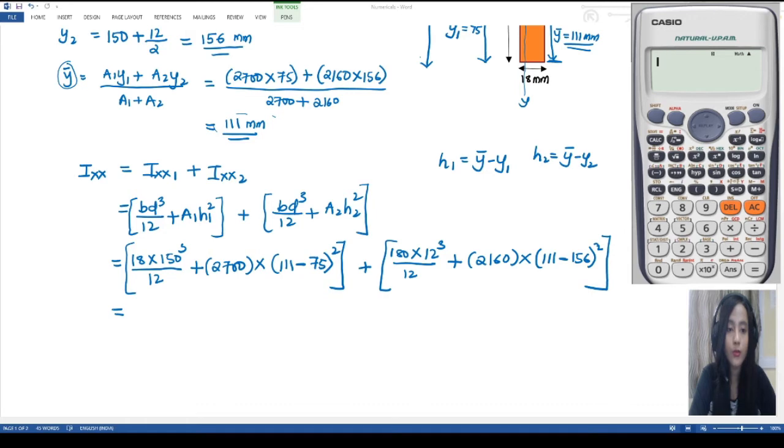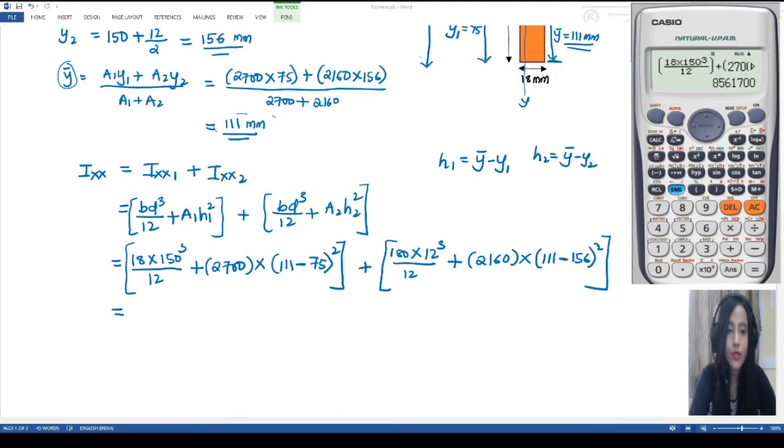Okay, I'm going to do one by one. 18 into 150 cube by 12 plus the area into its height whole square.